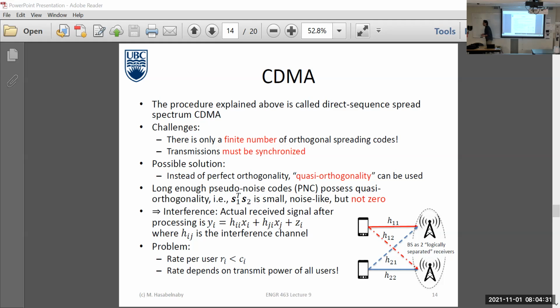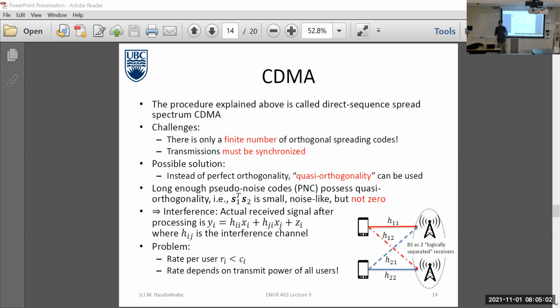In time division multiple access, we divide time. Each user will be allocated a certain time slot to transmit with the full bandwidth. So at each time slot, the received signal at the base station will be the same equation. Using TDMA or FDMA, the base station is able to distinguish between different received signals.